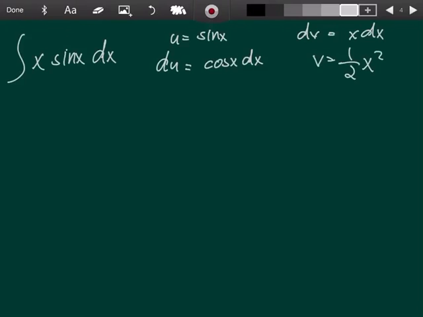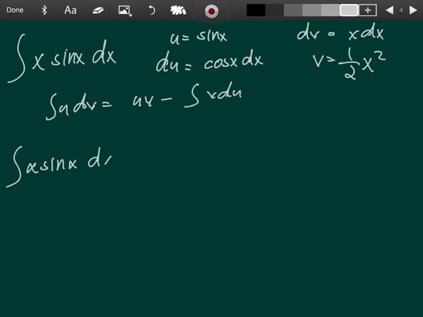So, sulat natin siya sa form na integration of u dv is equal to uv minus the integral of v du. So, the integration of x sine x dx is equal to u, sine x, times v, 1/2 x squared. So, paano kaya ito?